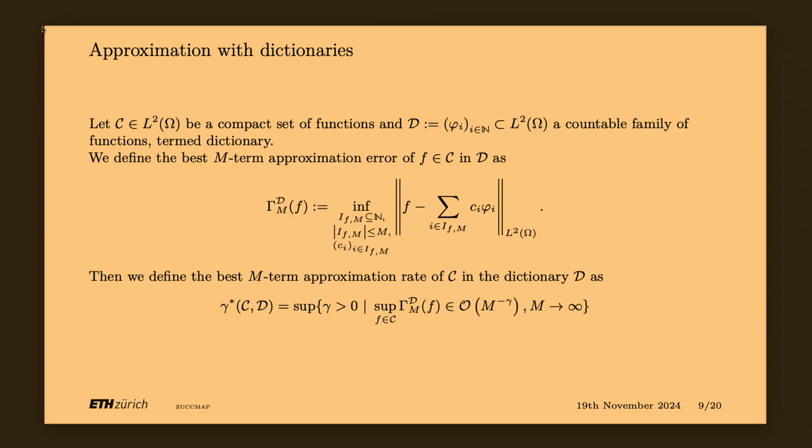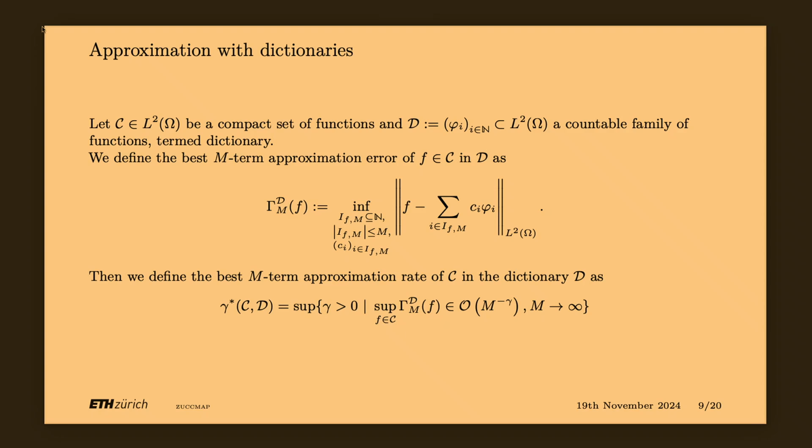It does go to 0, since we're allowing more and more elements, until a point where the approximation is equal to the elements in the dictionary itself, so the dictionary is able to approximate our function exactly. So how does this go to 0? This is captured by the best m-term approximation rate of f in the dictionary D. Again, this looks like a very hard definition.